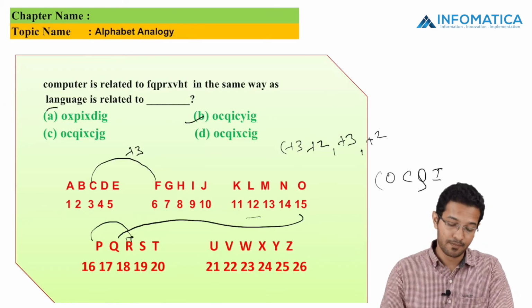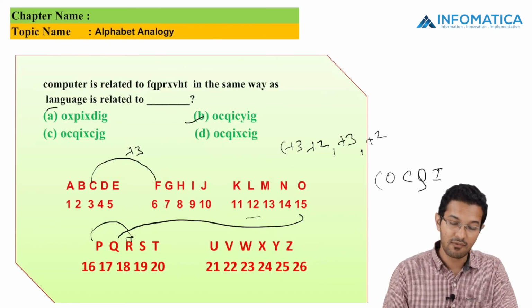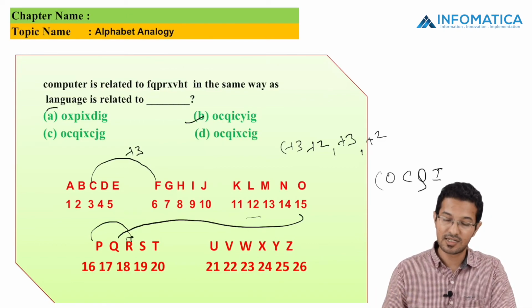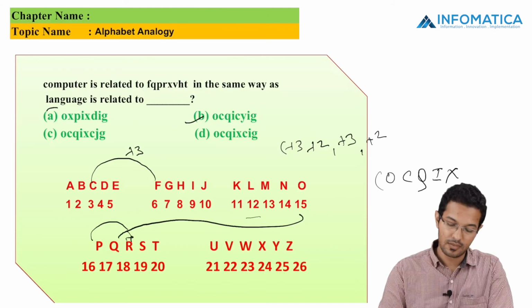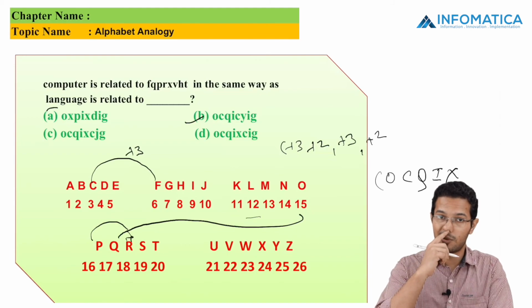So let's go ahead. U से वापस 3 steps आगे. So I'll be reaching X because U is number 21 and if I add 3 to it, I'll be reaching 24, which is nothing but X. Let's check the options. Still, we are having a clash in C and D. Now is the time for number 2.